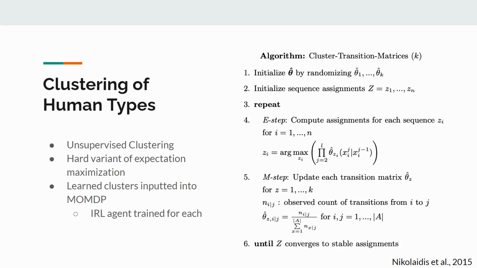And then in the M step, line 5, each cluster's transition matrix is updated by counting the transitions in all those sequences assigned to that specific cluster. And then you do this expectation maximization until your sequence assignments converge into a stable Z matrix.